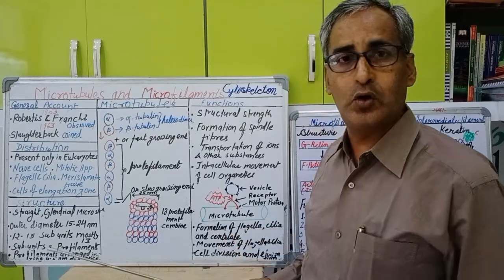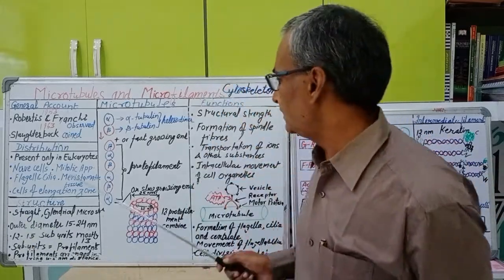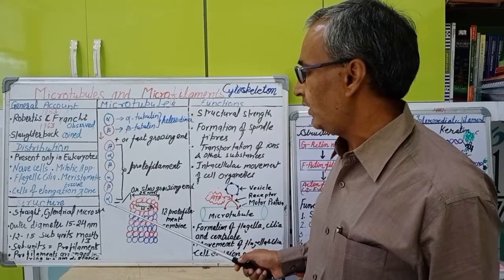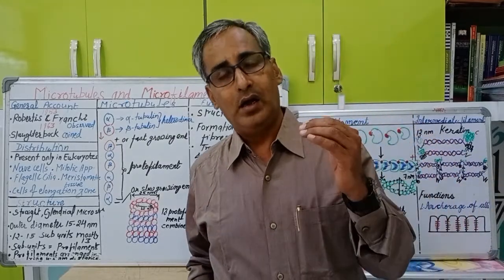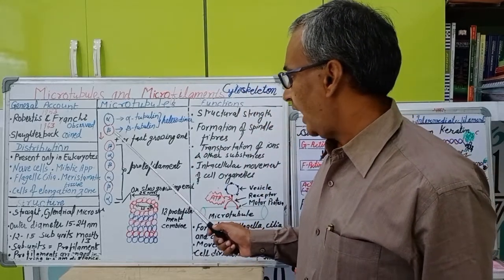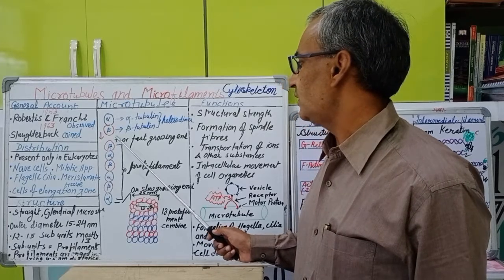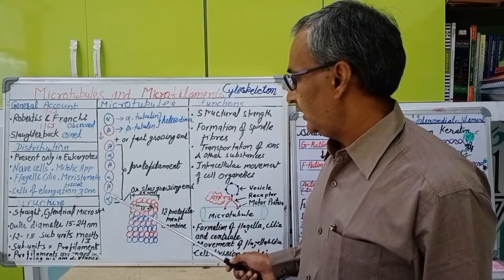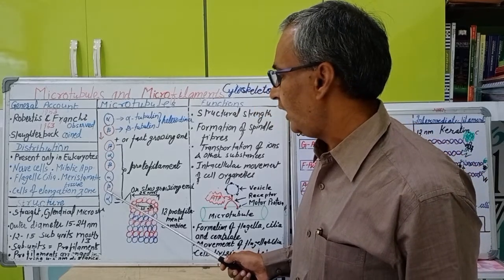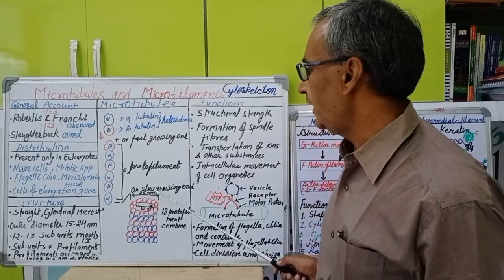They form the protofilaments, and the protofilament has polarity: on one side the beta monomer is always present, while on the other side the alpha monomer is present. The site on the beta monomer is known as the plus or fast growing end, while the opposite end, where the alpha monomer is present, is known as the minus or slow growing end.